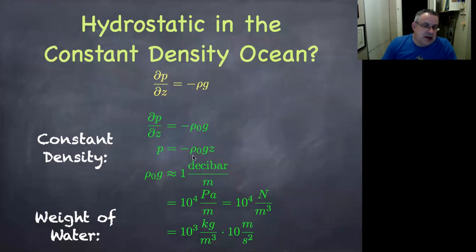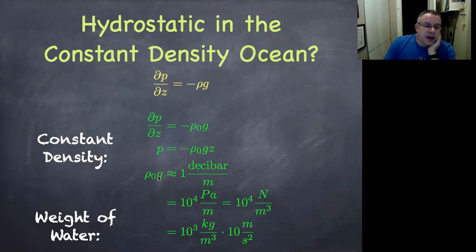Bingo, that is the solution for the ocean. The pressure starts at 0 at the surface, or you could say starts at the atmospheric pressure, but that's just a constant you add on in this kind of simple example. And then it increases as z goes more and more negative as we go deeper and deeper into the ocean. It increases with the factor rho naught g.